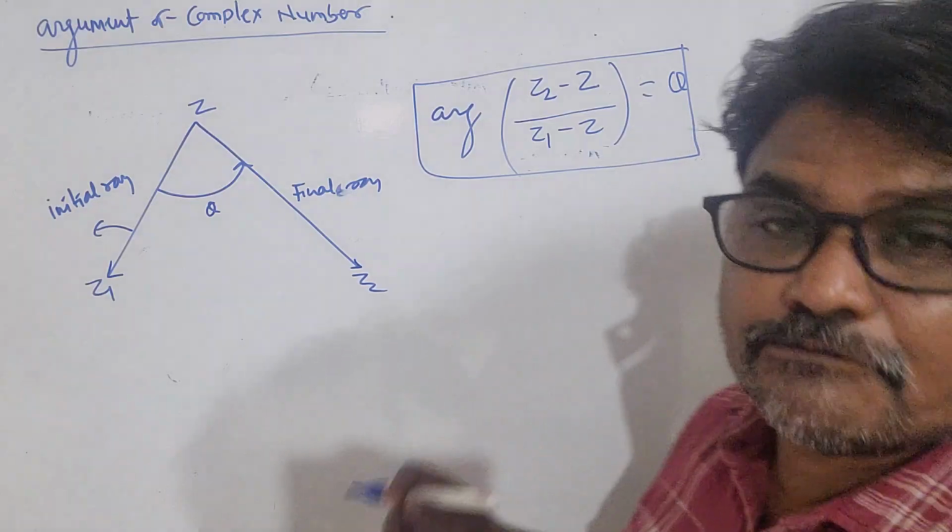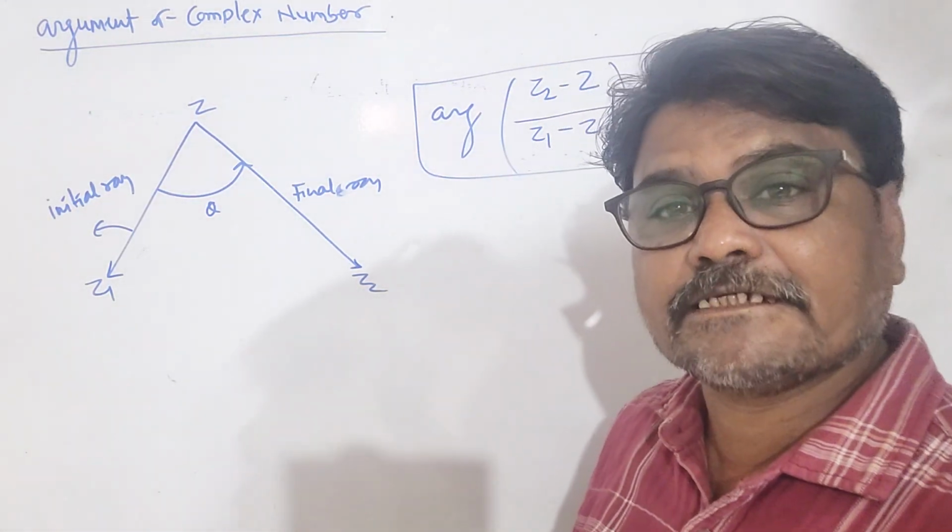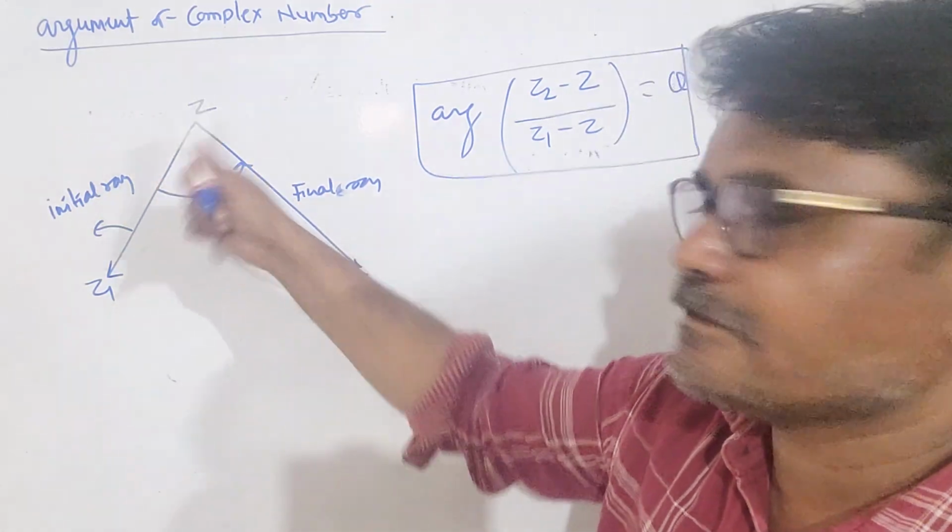And what does the locus of Z represent? Because Z is lying over here or here or here.